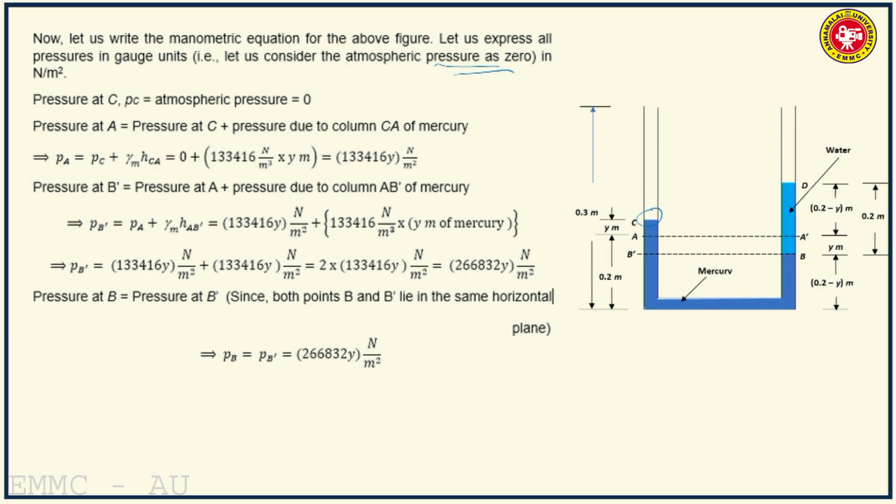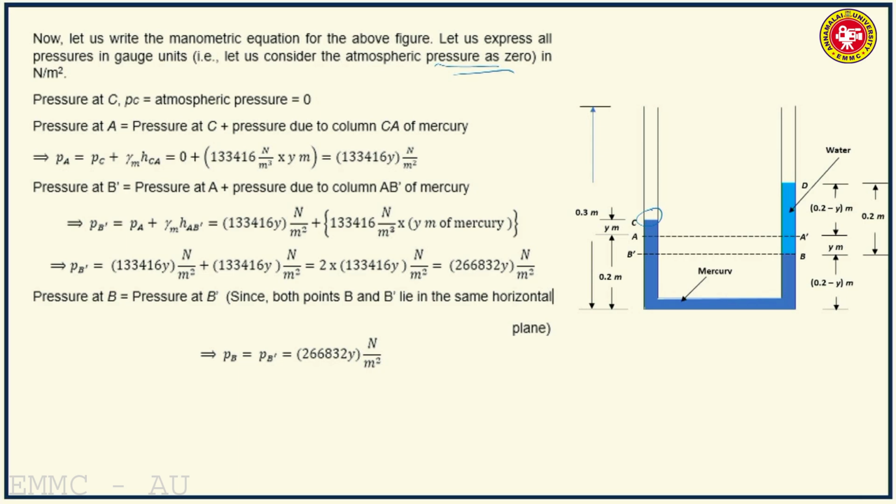Then pressure at B prime. B prime is nothing but the point in the same horizontal plane as that of B. B is the new surface of mercury and overlying is the water column. So PB prime will be equal to PA plus gamma m into H AB prime. H AB prime again will be y meters of mercury.